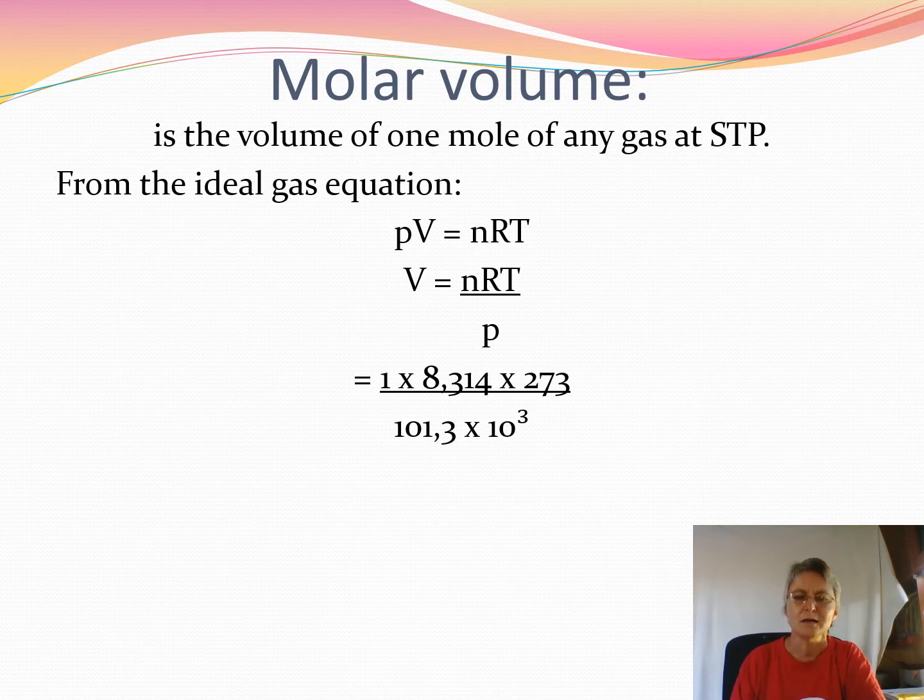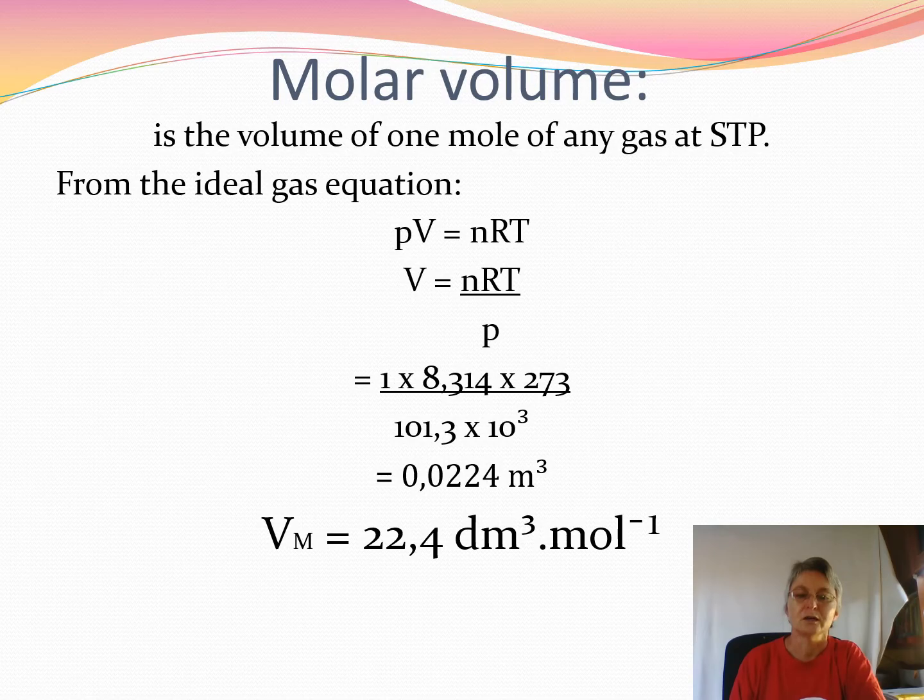So if you have 1 mole of a gas, and the value of R is 8.314, and the standard temperature is 273 Kelvin, and the pressure is 101.3 times 10 to the power 3 pascals, then we get the volume of the gas is 0.0224 cubic meters, and that means 22.4 cubic decimeters. So every mole of gas at STP will have this volume.